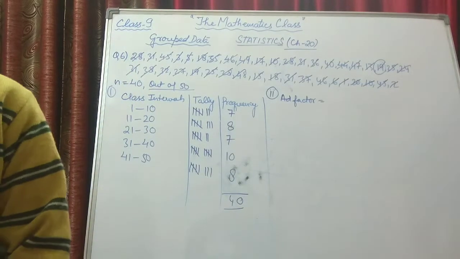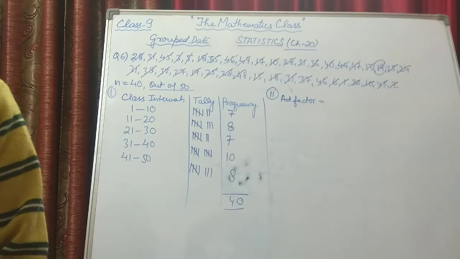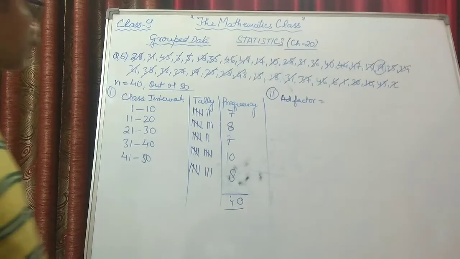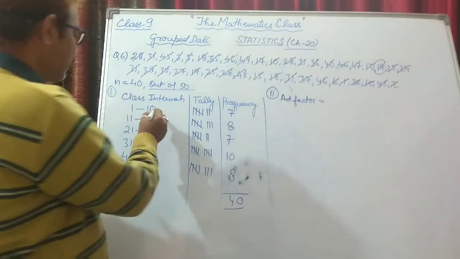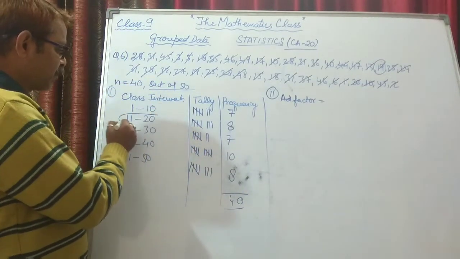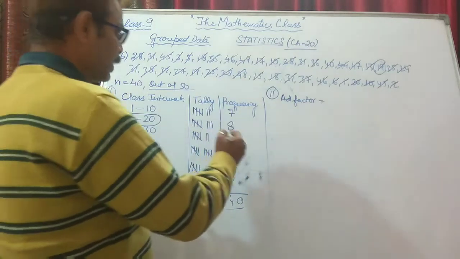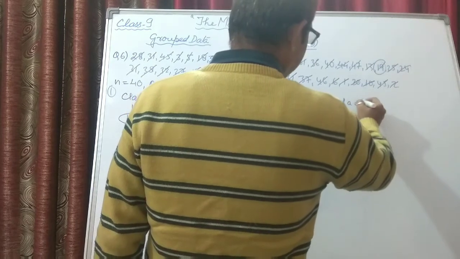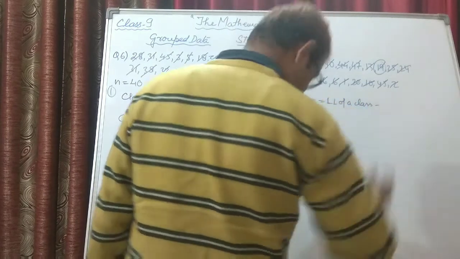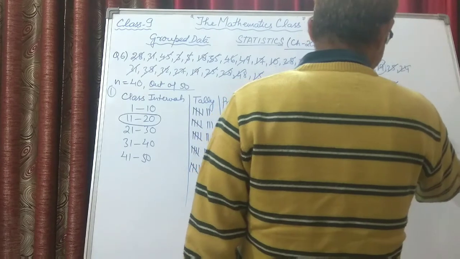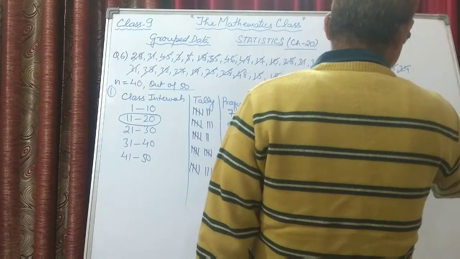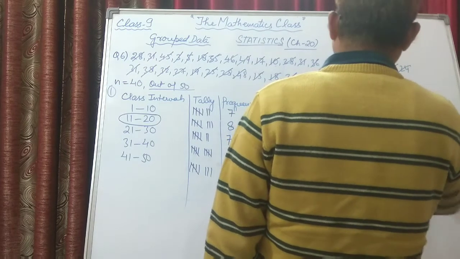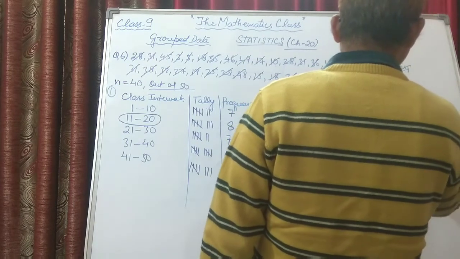So I take the lower limit of a class minus the upper limit of the previous class, upon 2.